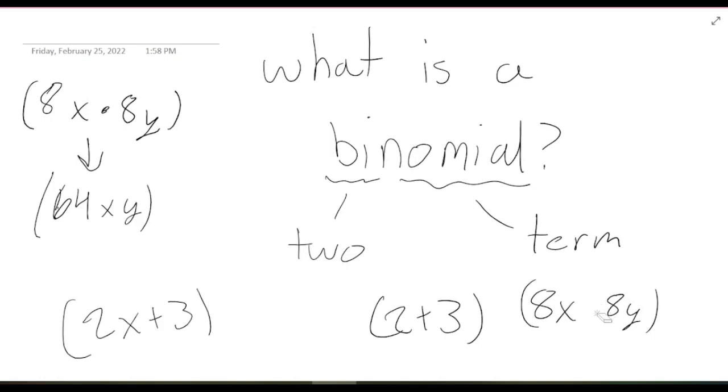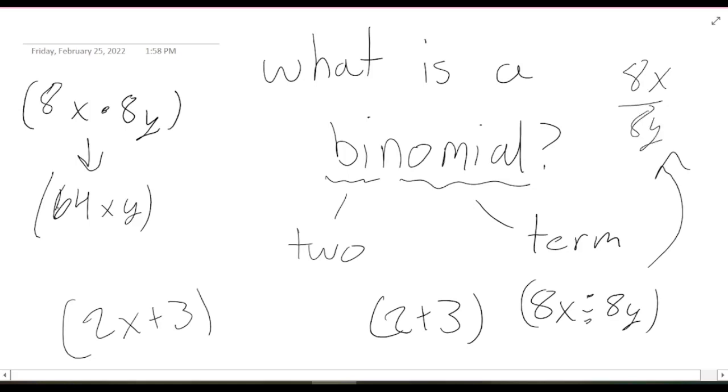So if this was, say, minus, this would still be two terms. However, if we had the division symbol, right, this can be rewritten as 8x over 8y. And then once again, we can simplify this to be x over y, right? So this is equivalent to this, and as we can see, it's just one term.